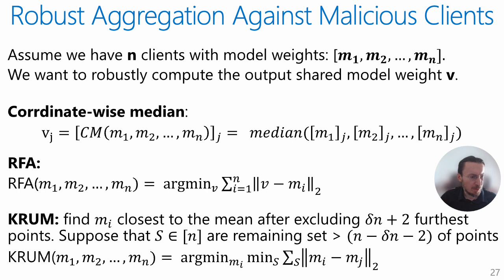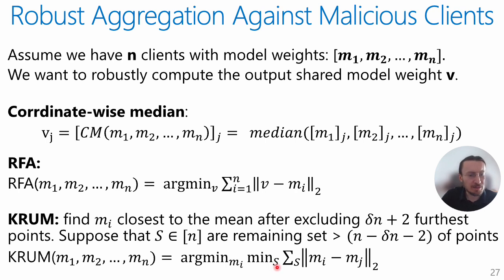To give more intuition for CRAM, the idea is that ultimately we want to identify who are the malicious clients and exclude them from our aggregation. Here, this set S is supposed to be the set of benign clients, the ones that do not modify the weights maliciously to, for example, break the protocol.